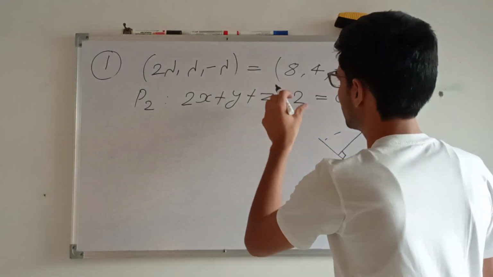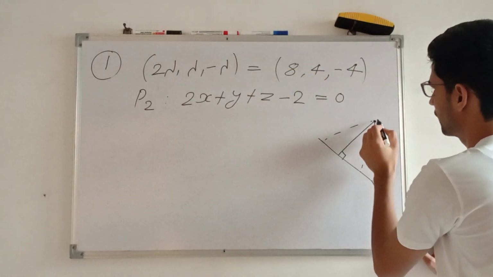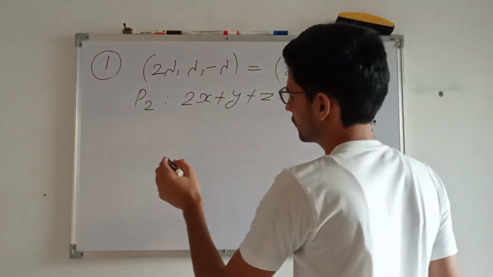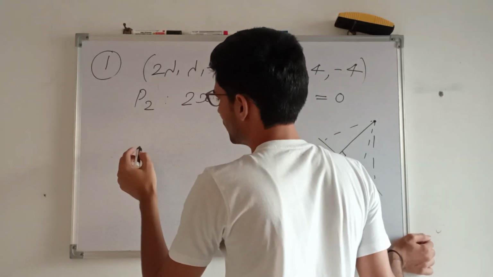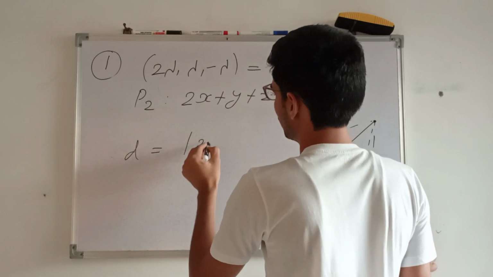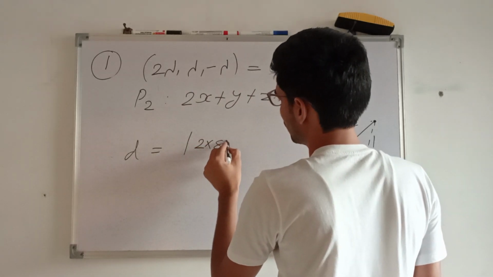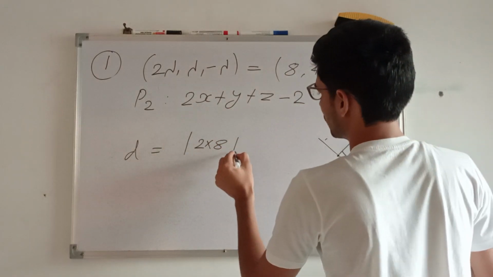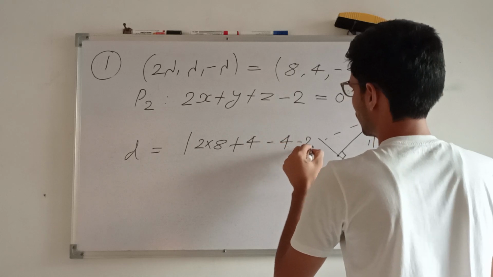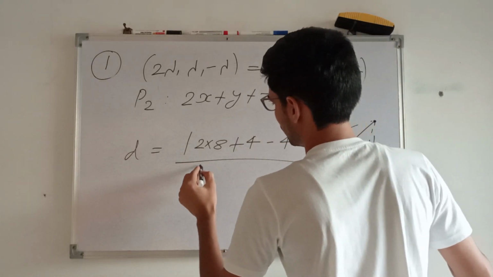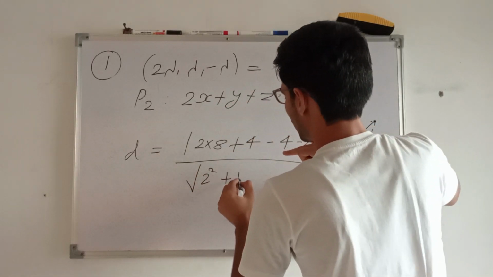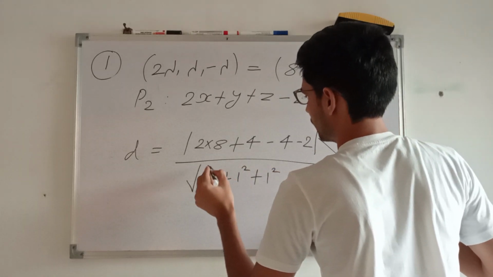So we are finding the distance from this point to this plane, and we know the distance formula between a point and a plane. What will it be? 2 into x value 8, plus y, which is 4, plus z, which is minus 4, minus 2, upon the square root of 2 square plus 1 square plus 1 square.